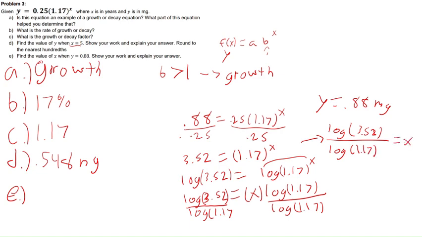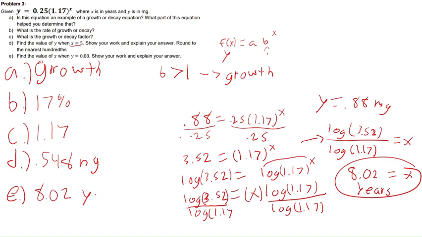So now if we just type that into our calculator, we will get 8.02. And this is in years because we're solving for x. So that's our answer. So we can do 8.02 years.